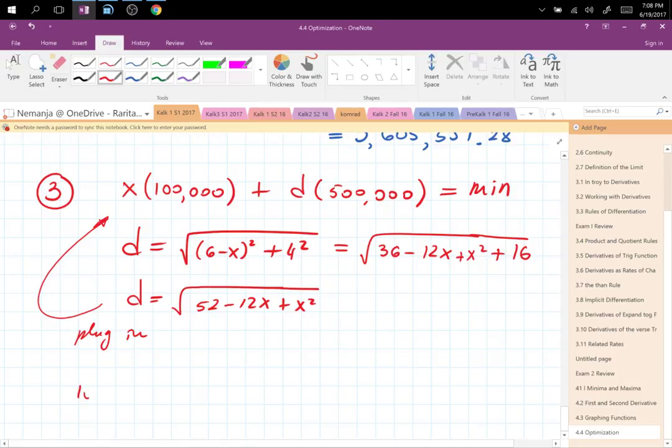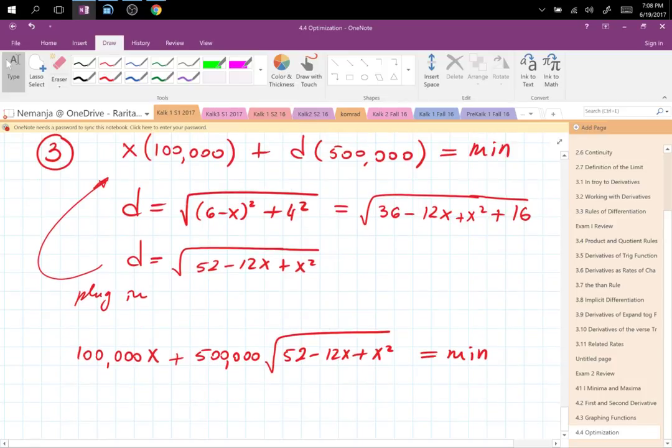And we have 100,000x plus 500,000 times the square root of 52 minus 12x plus x squared equals a minimum. And now hit that with a derivative.